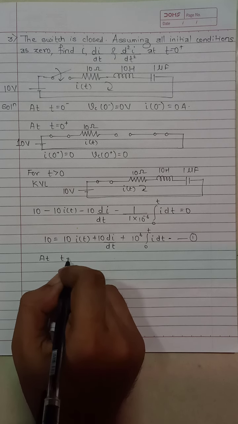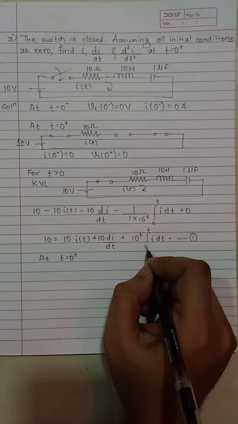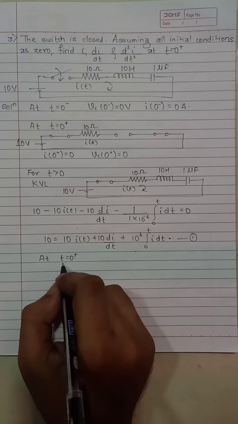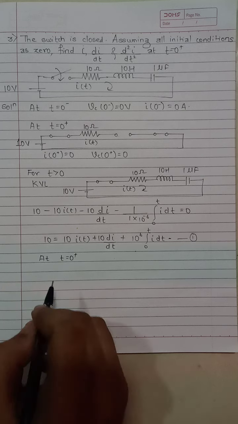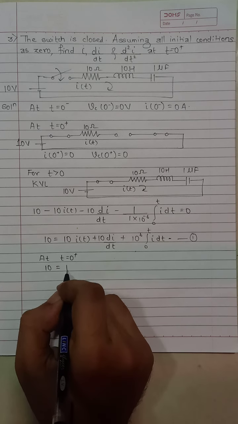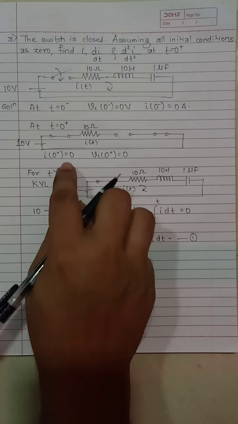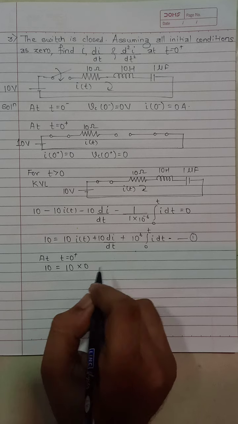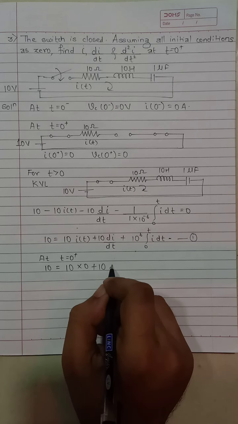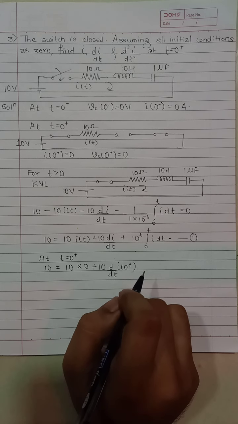At t is equal to 0 plus, since this is the same limit, the area of integration we don't have, so this part will become 0 at t is equal to 0 plus. So you can say 10 is equal to 10 into I of t at 0 plus, which is 0, plus 10 di by dt at 0 plus.